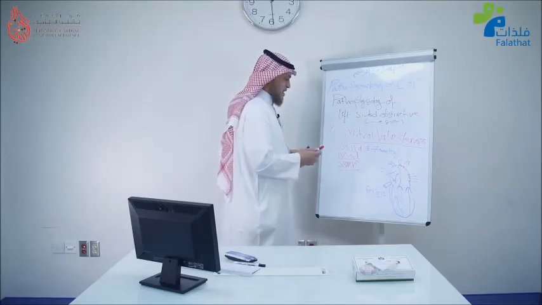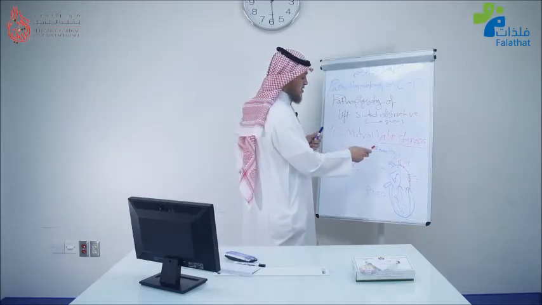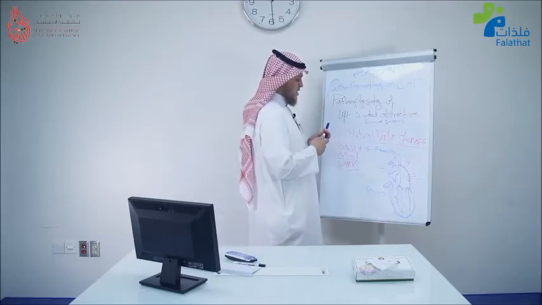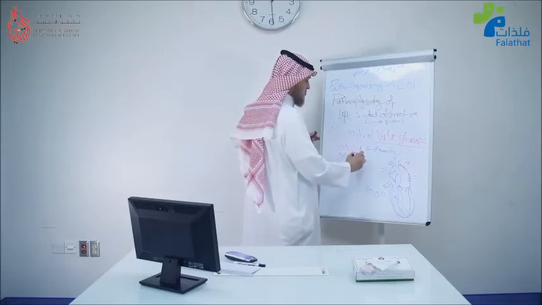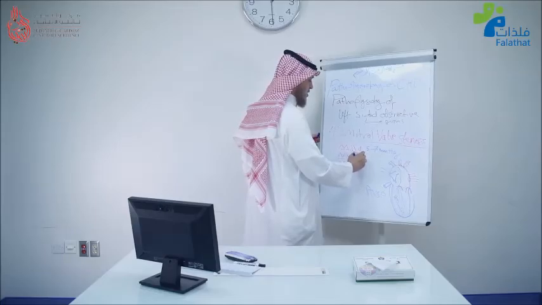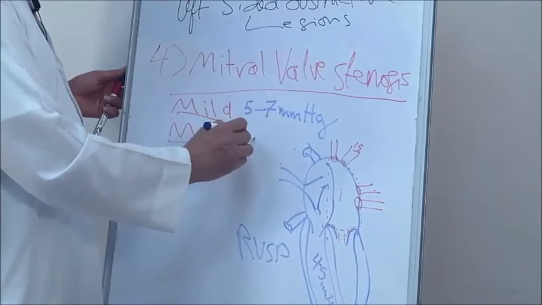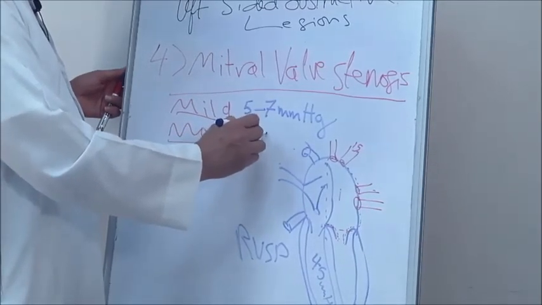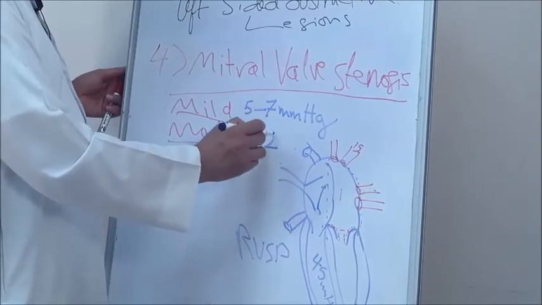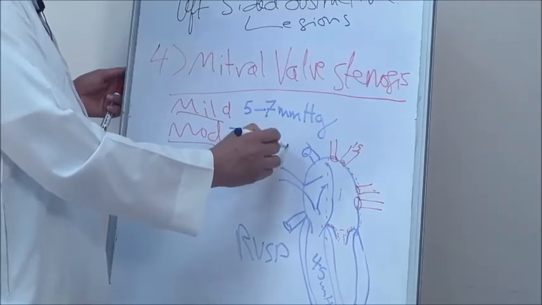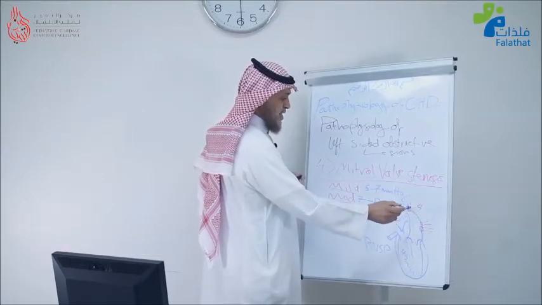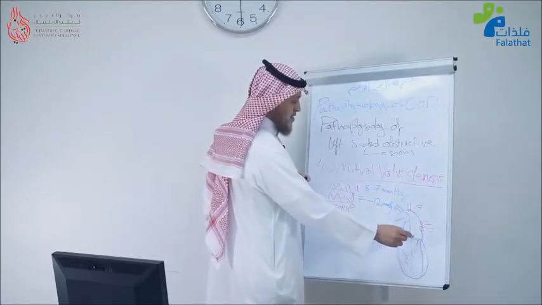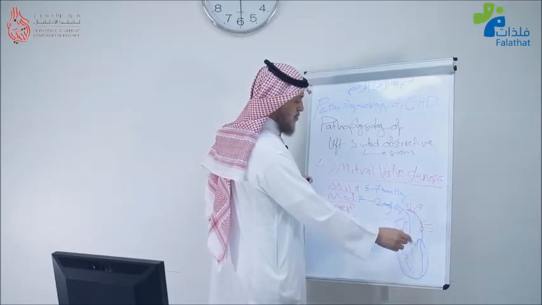What is the mean gradient where we call it moderate? The mean gradient would be anything between 7 to around 12, or maybe just 10, let's say 7 to 12 millimeter mercury mean gradient. That is the difference between the left atrium and the end diastolic left ventricular pressure.